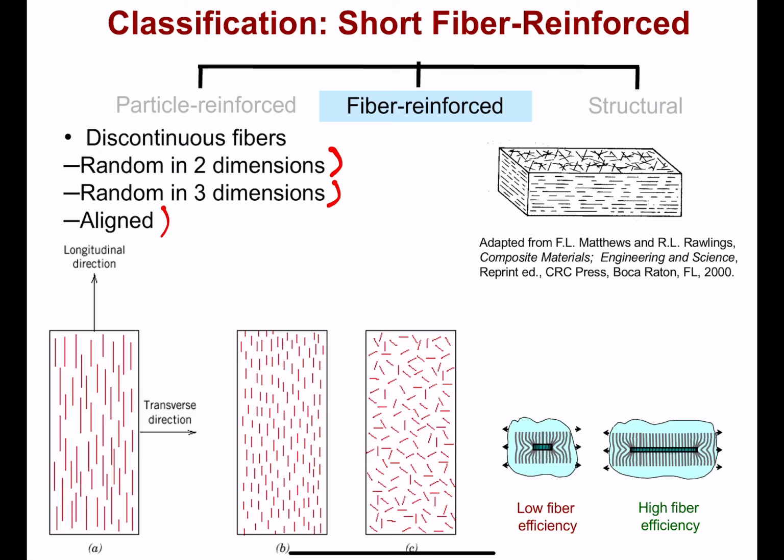Okay, so we may have planes of materials that are showing randomness in the plane. Consider a sandwich structure built of many of these sheets of fibers in a polymer matrix.